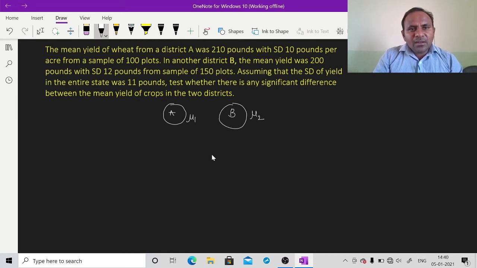The mean yield of wheat from district A was 210 pounds with standard deviation 10 pounds per acre, from a sample of 100 plots.